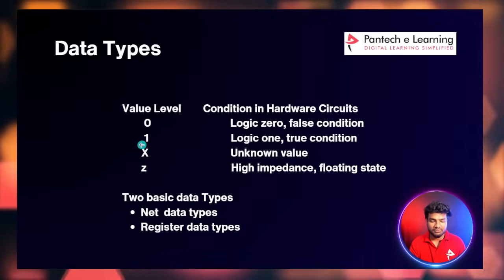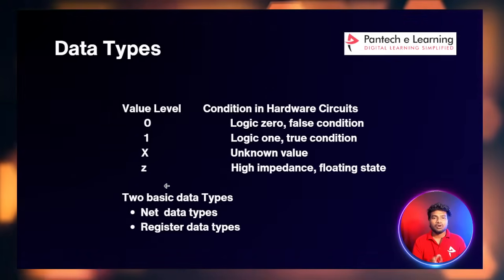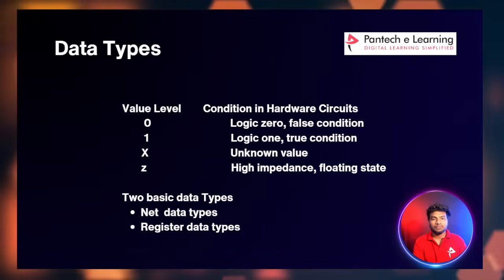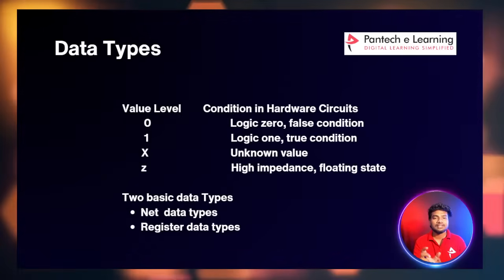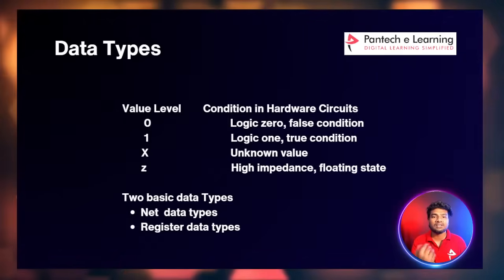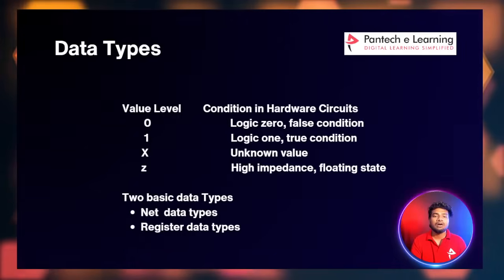So what is the difference between X and Z? Yesterday I talked about metastability state, setup time, and hold time. If the particular signals are not stable in the setup time and hold time, that signal will move into the metastability state, which is nothing but the X value.